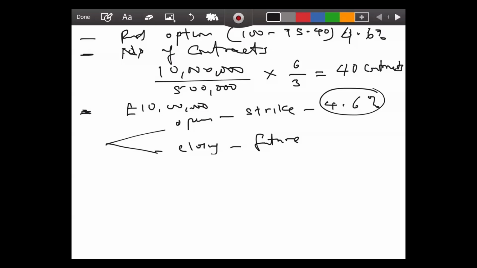But if it wasn't given, it would have been closing spot rate plus unexpired basis. The closing futures was given to be 93.6. Therefore, the implied interest will be 100 minus 93.6, which takes us to 6.4.